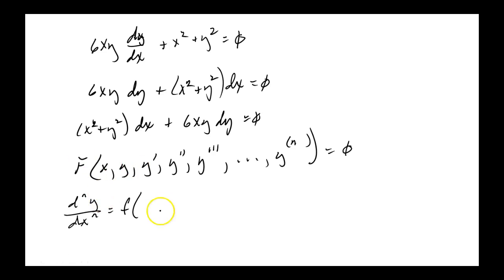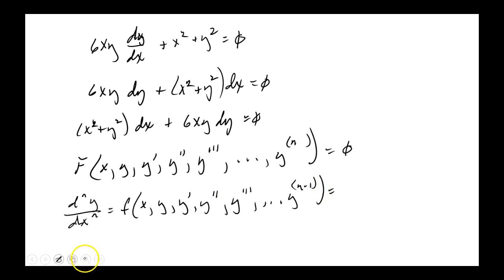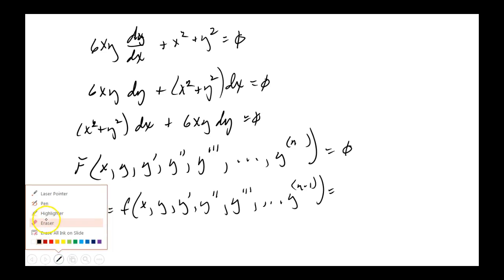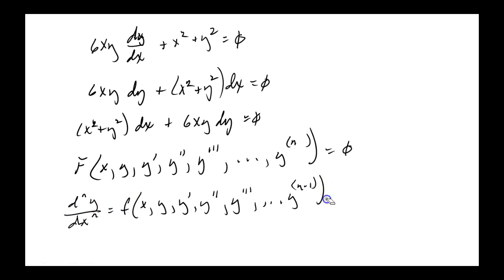So this little f is some function of x, y, y prime, y double prime, y triple prime, dot, dot, dot, up to y to the n minus 1. That's where my n minus 1 came from. And you don't have to equal 0 there because you have your equal sign over here.